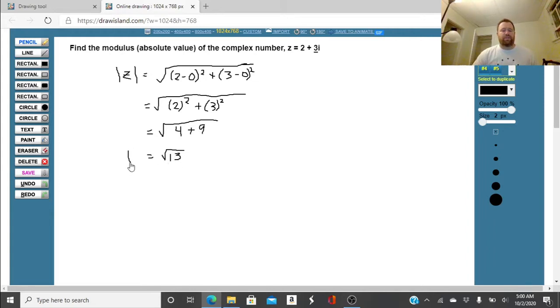So the modulus of z is going to equal the square root of 13, and you can't simplify that any further from that point. Okay, so that was finding the modulus of 2 plus 3i.